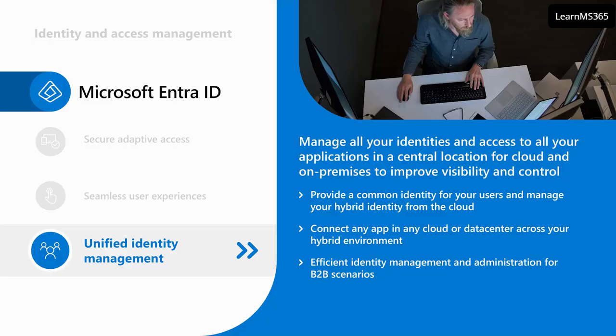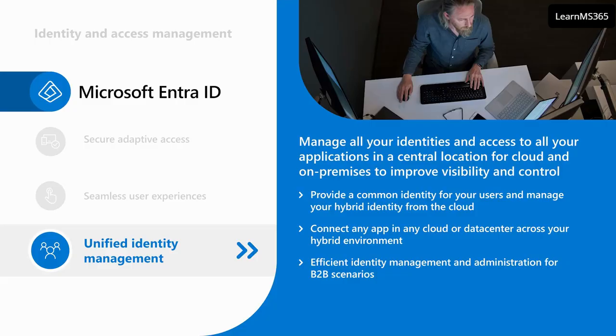We can connect any app by leveraging the pre-built app gallery, which has thousands of integrations for popular SaaS applications. For on-premises applications, the app proxy can extend Entra ID to legacy web applications without requiring a VPN. For custom applications, developer SDKs make integration very straightforward.